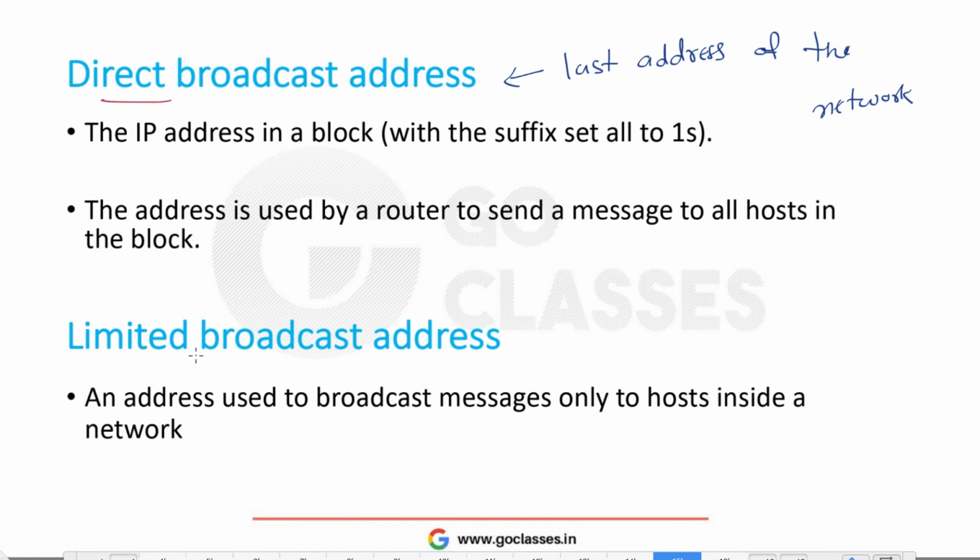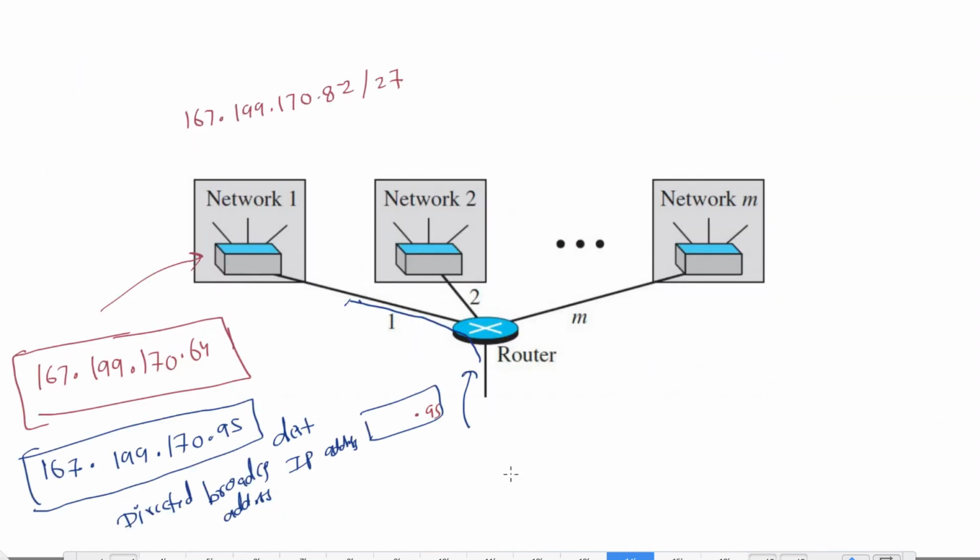Now there is something called the limited broadcast address, which is always 255.255.255.255. This limited broadcast address is used within a network, to broadcast a message only to hosts inside a network. If you are inside this network and you want to send a packet to every host within this network, then you do not need to use the direct broadcast address.